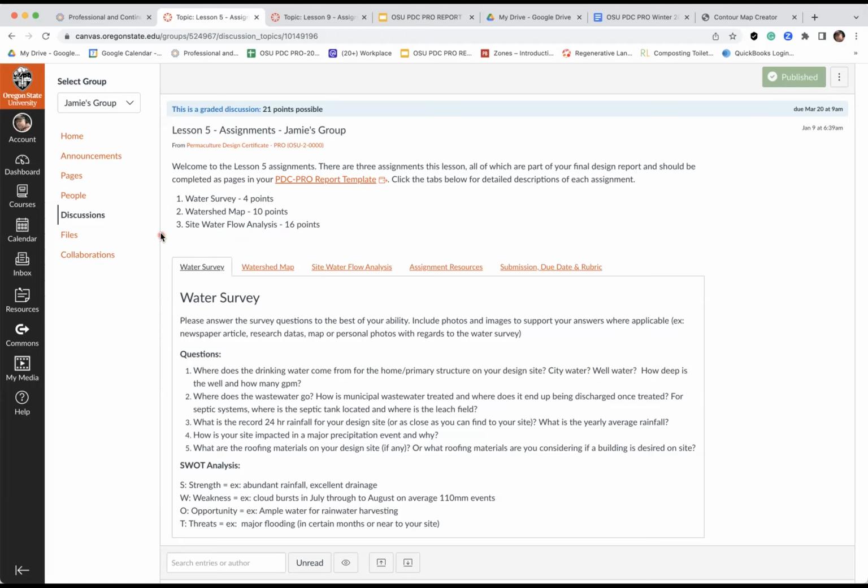And it's not so tricky. It's more just really documenting the areas, the rainfall events, and taking some of the data that you first collected way back in the early part of the course when we were looking at annual average precipitation, as well as 24-hour rain event records for your area or for your project site.